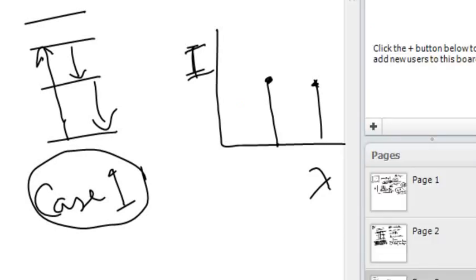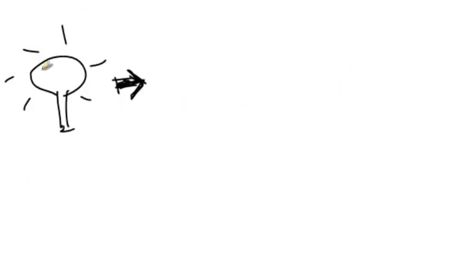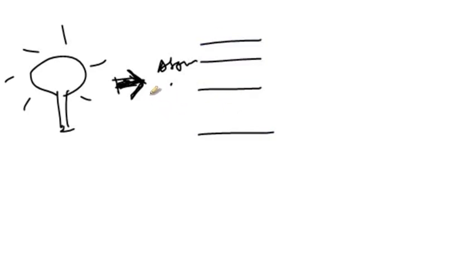Now, the next scenario: suppose we have a bright source, and there is an atom over here. From this bright source we will have all types of radiation coming, but the atom here also has its own energy levels, right? Suppose one of these photons corresponds to this transition.